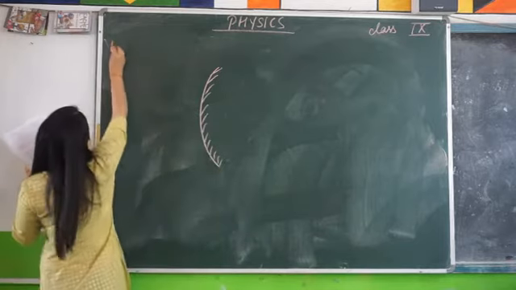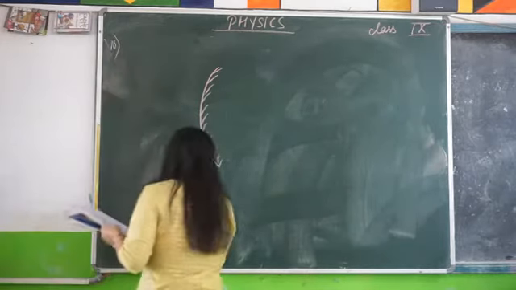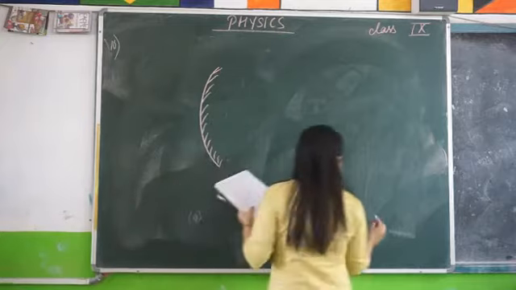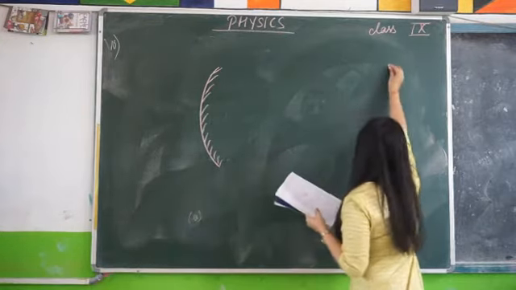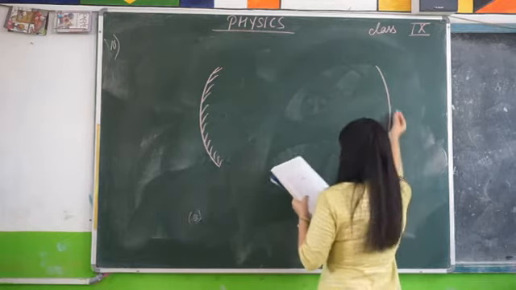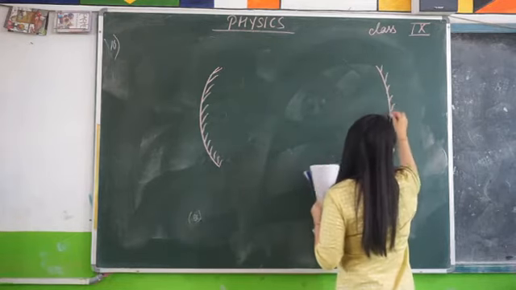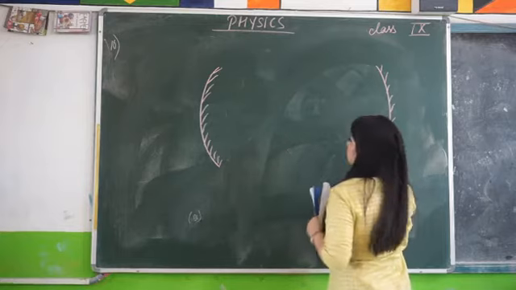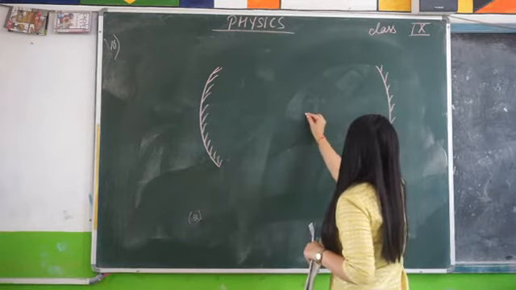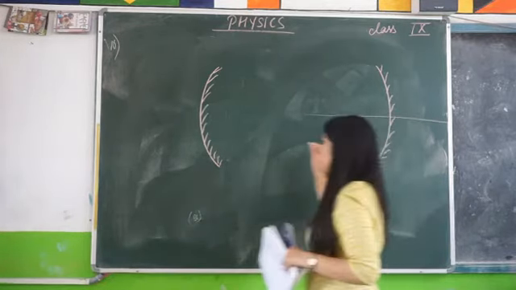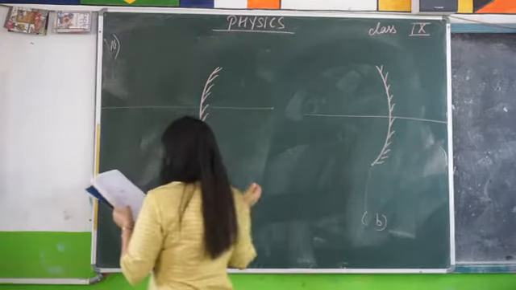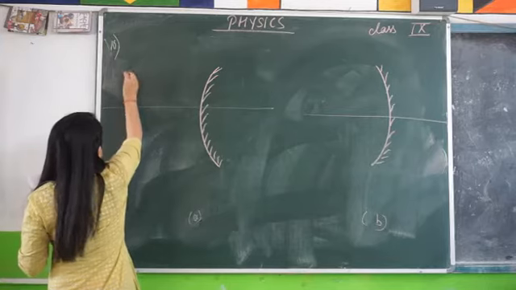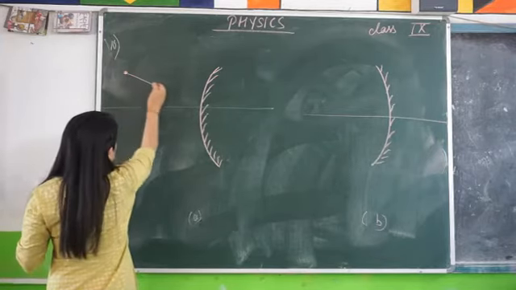This is question number 10. There are two ray diagrams, A and B. A is a convex mirror and B is a concave mirror. The diagram which is given in the book is like this.